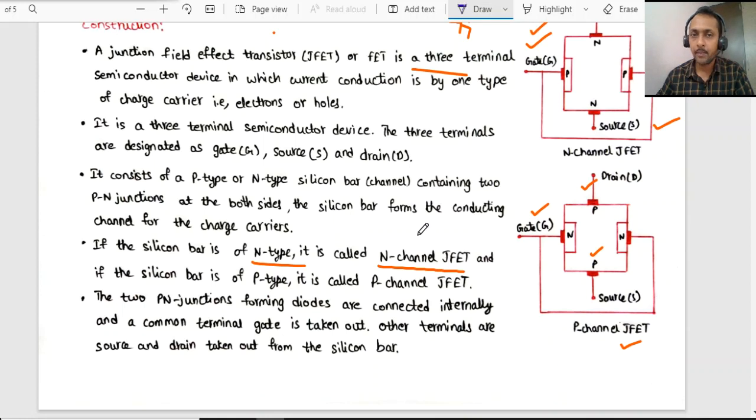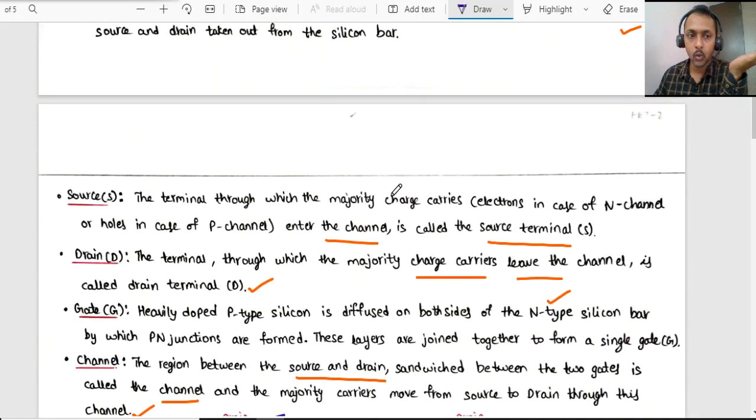JFET is a 3-terminal device consisting of source, drain, and gate. The source is defined as the terminal through which the majority charge carriers enter the channel. The drain is defined as the terminal through which the majority charge carriers leave the channel, right? So that is the source and drain.